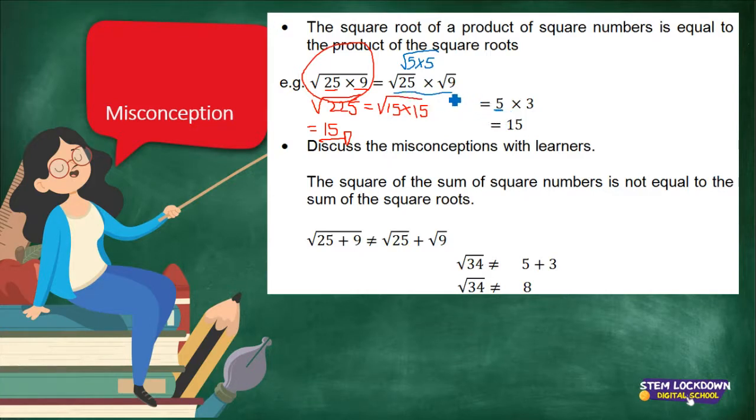Times, what's the square root of 9? Those numbers were 3 times 3, which gives you 9. So the square root of 9 is 3. So 5 times 3 is 15.